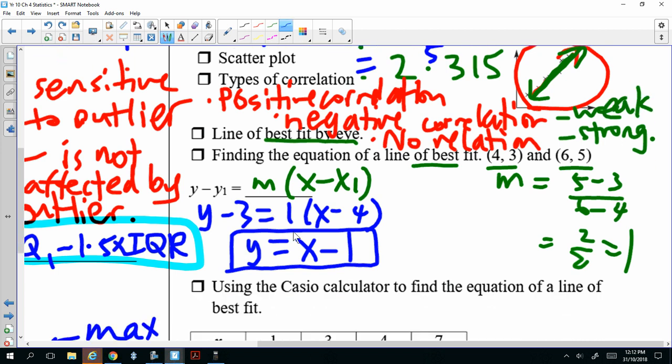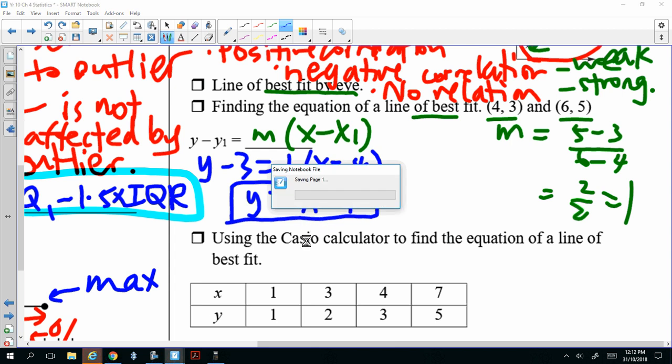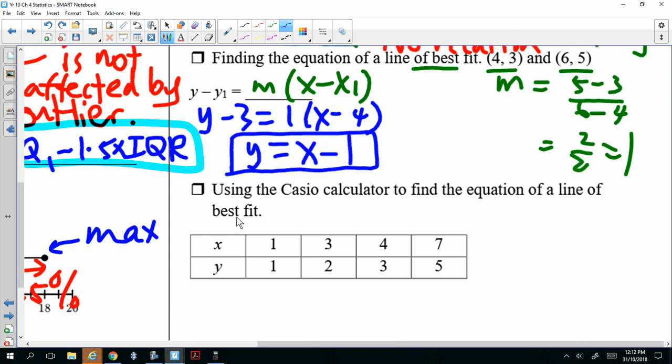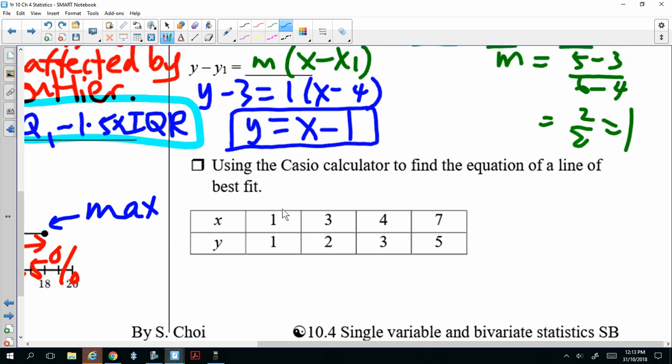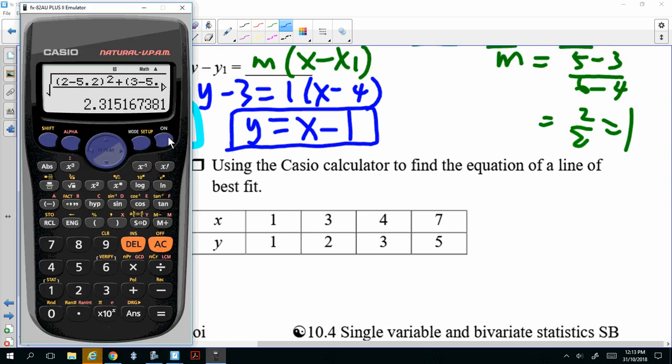So I'm going to do that one more time. You press mode first, mode 2, 2. Okay, let's try again. Mode 2 tells you the equation a plus bx, right? That's the equation 2. Okay, enter the scores 1 equal 3 equal 4 equal 7 equal.